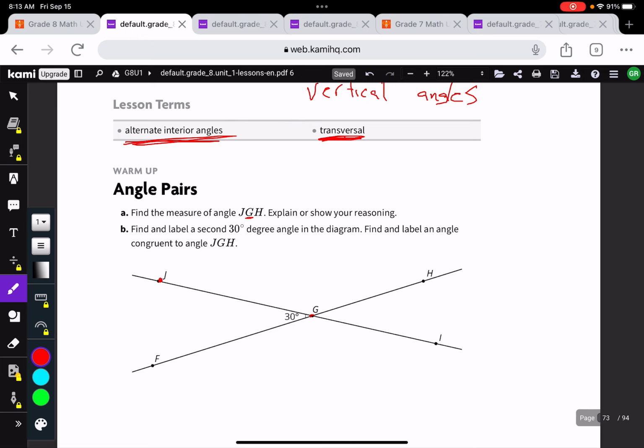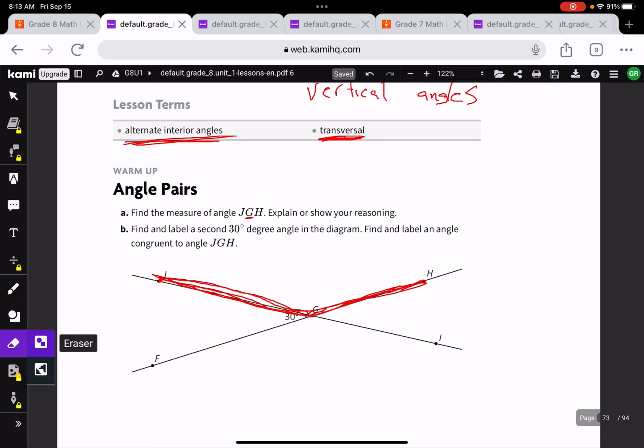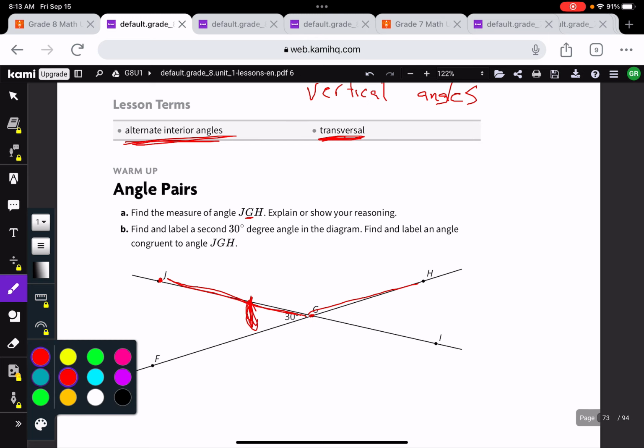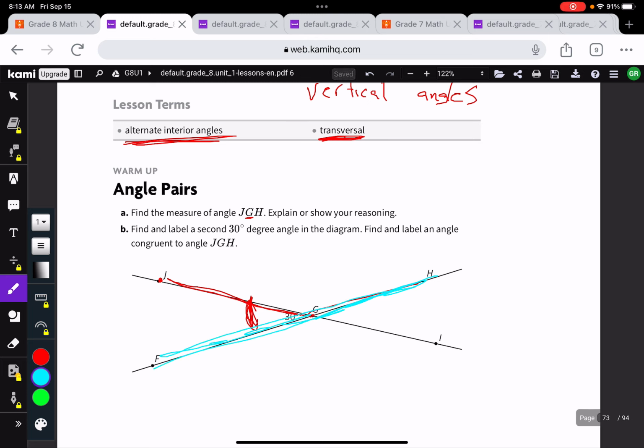So this is JGH. We're actually looking at this angle right there. What is the measure of that angle? We do know this is 30. Hopefully you're recognizing that I have a straight line here.